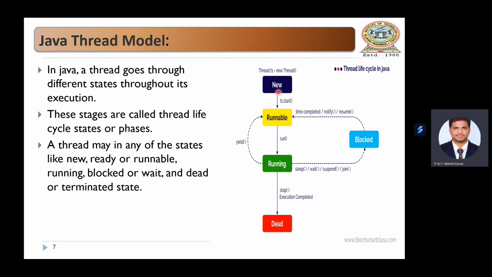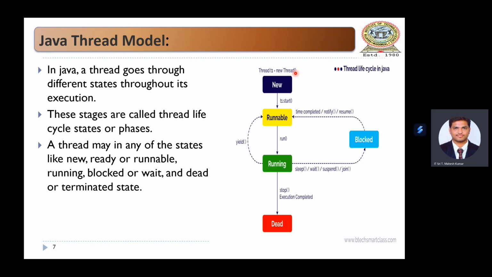If you see each and every thread, it will execute in a specific way. That execution part we'll call the thread life cycle. Initially the thread goes through different states. Initially it is in the new state. The thread is in the new state once we create an object for a thread class. The Thread class is a predefined class in Java.